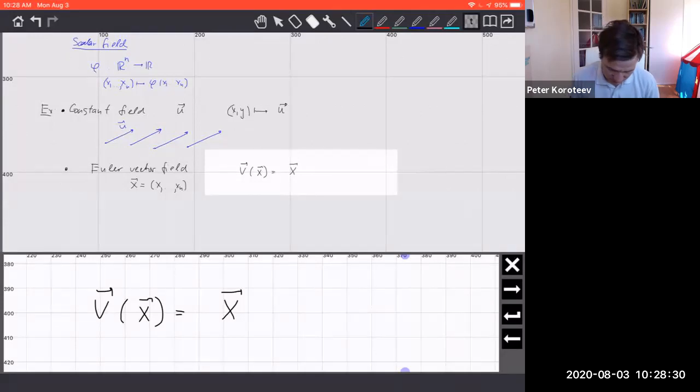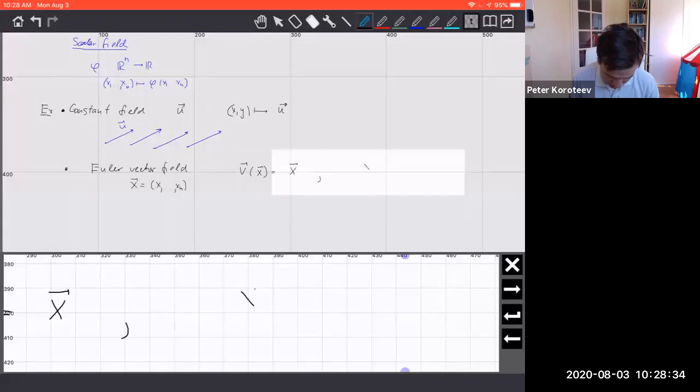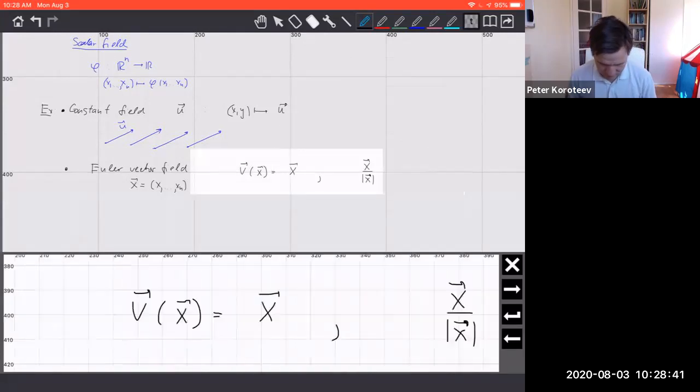So let's do two examples. Let's do x, and then let's do x divided by the absolute value of x. Can you describe how it looks in words? What is the pattern?